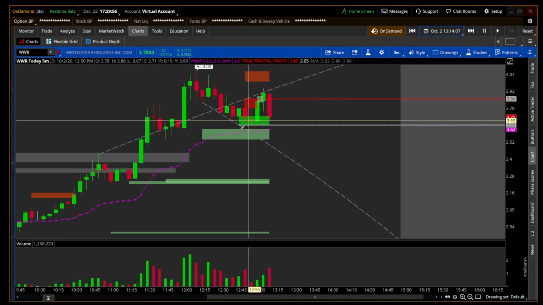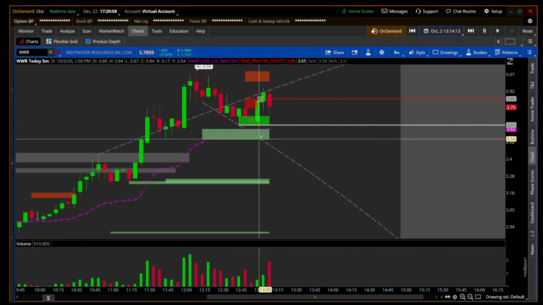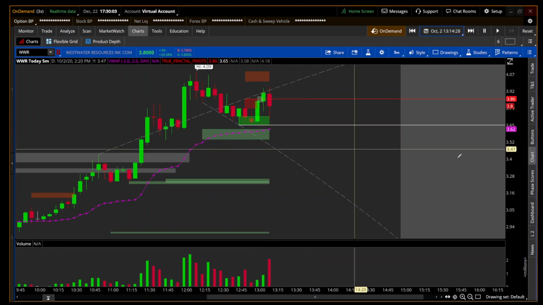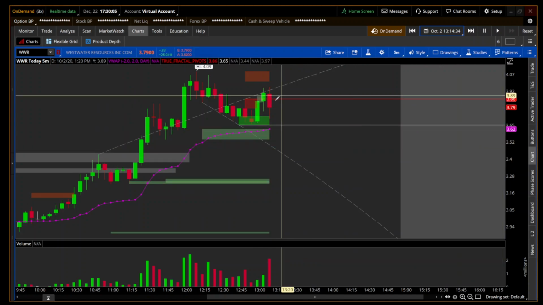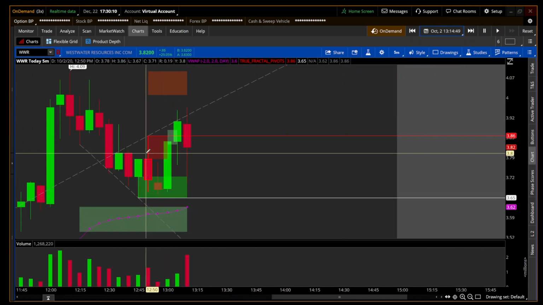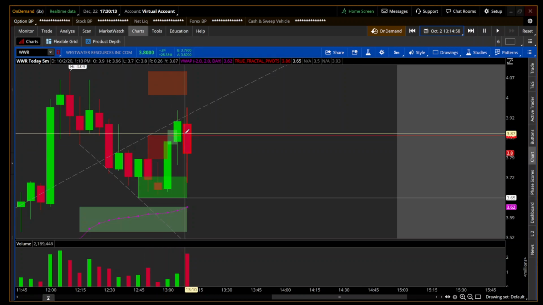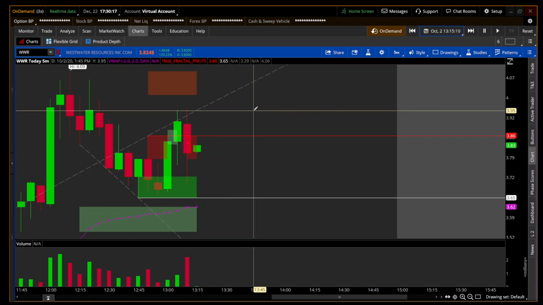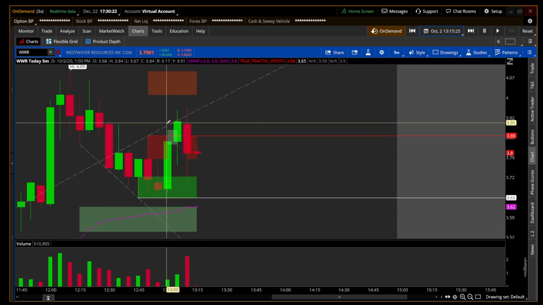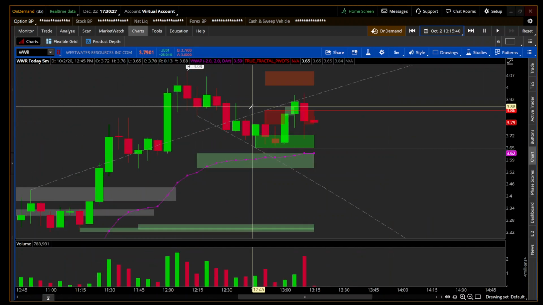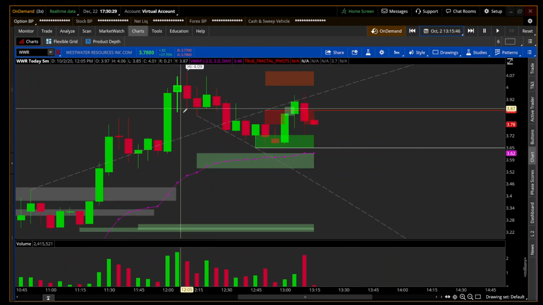Another area of demand, and this is a previous area of demand. And it's struggling to break above this area of supply right here.